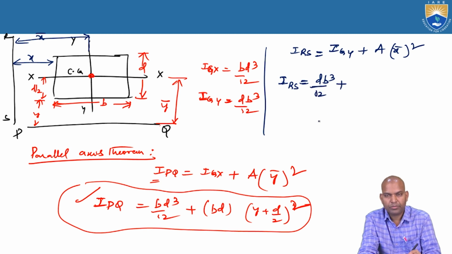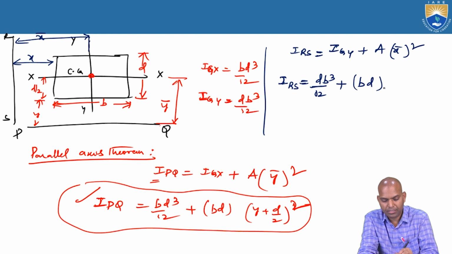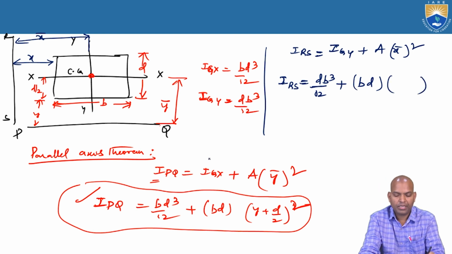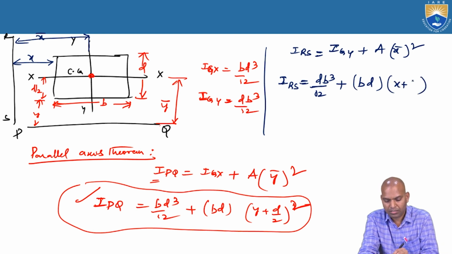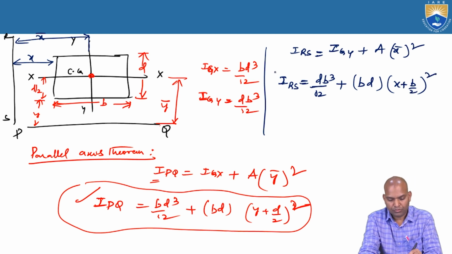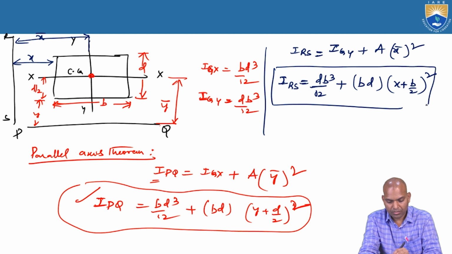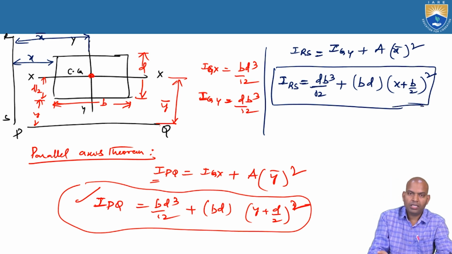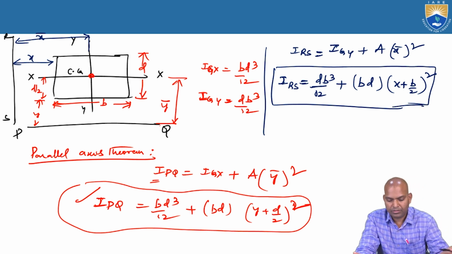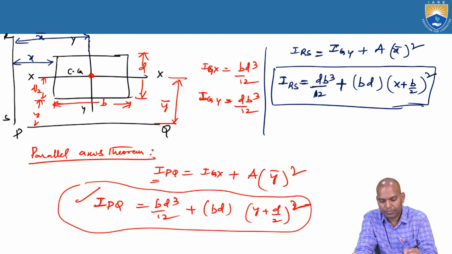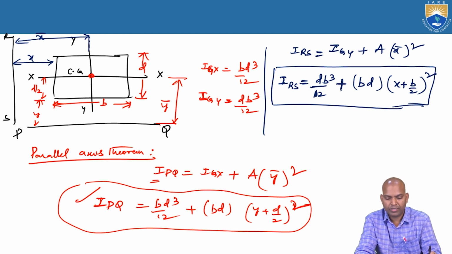dBq by 12 plus whatever the area, B into D, whatever bar x, the bar x equal to small x plus B by 2 whole square. So this is the expression for IRS equal to dBq by 12 plus BD times x plus B by 2 whole square.